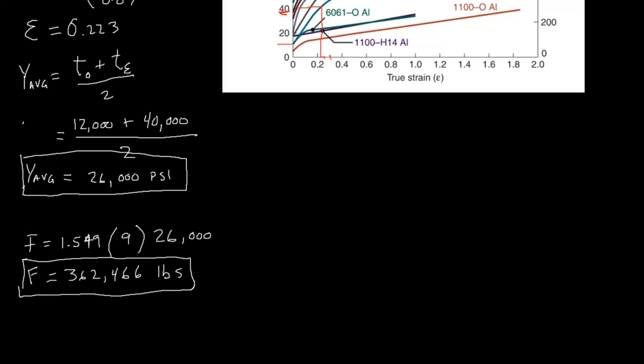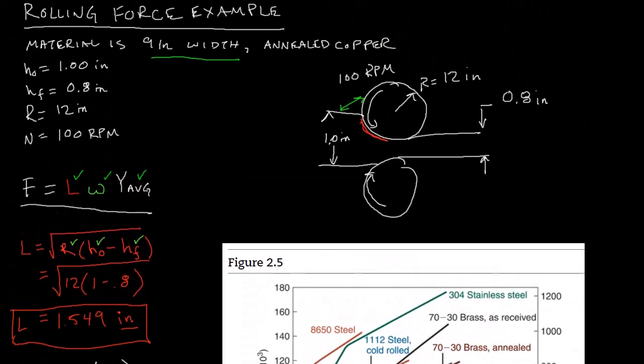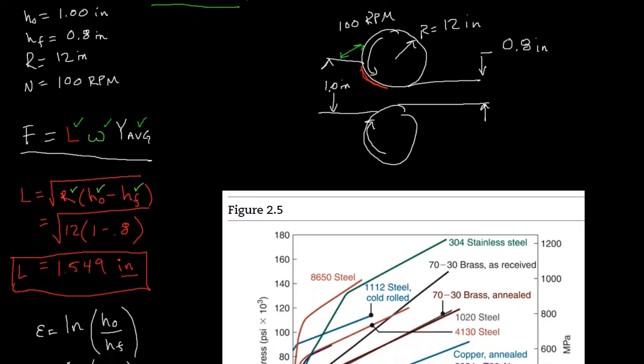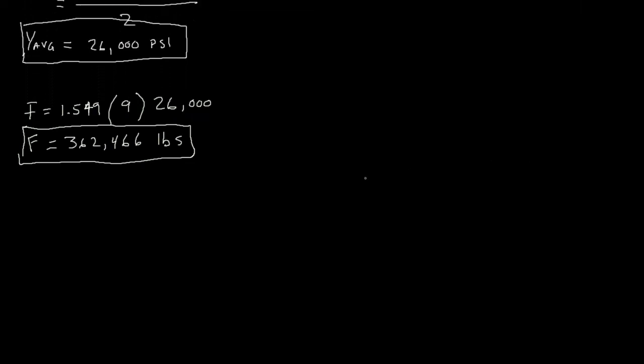Okay, so if this is rotating at 100 RPM, what's the power requirement to drive these rollers? Let's figure that out. For power, we'll use this formula here. Power is equal to 2 pi times force times contact length times our RPM over 33,000.